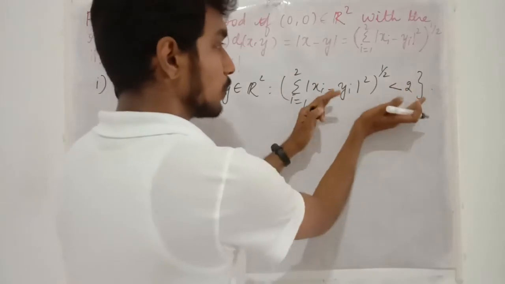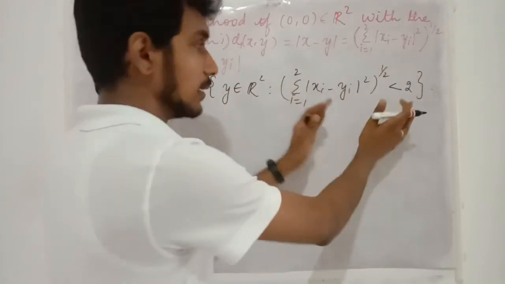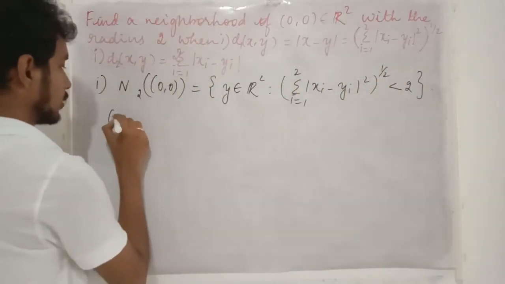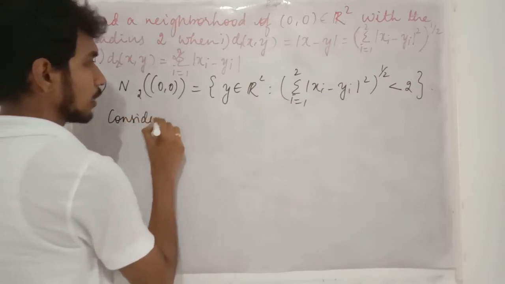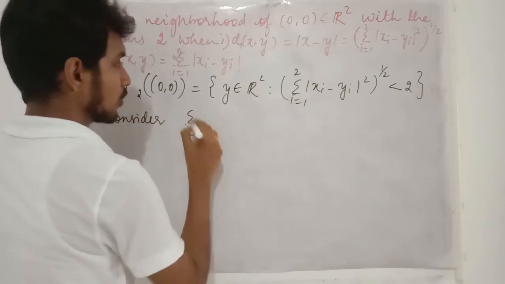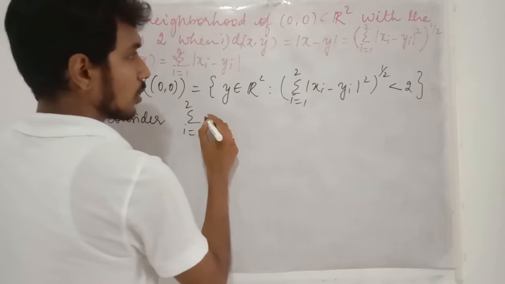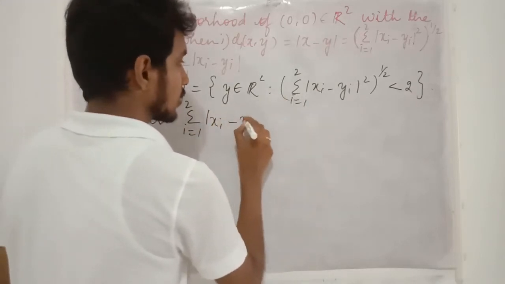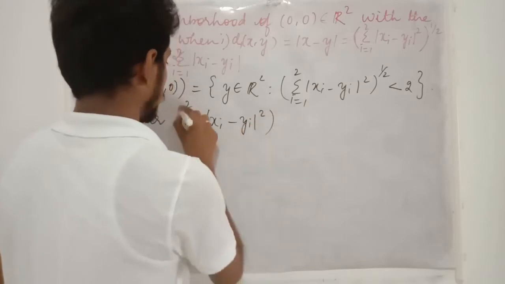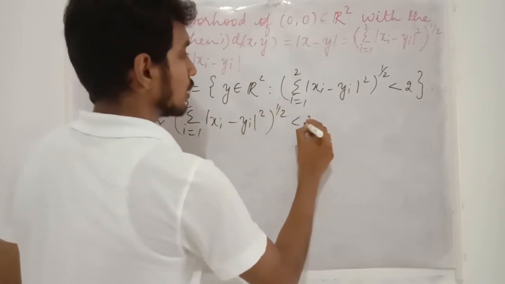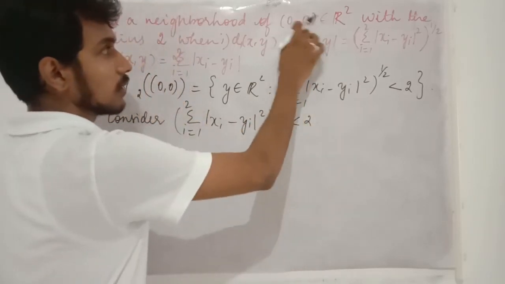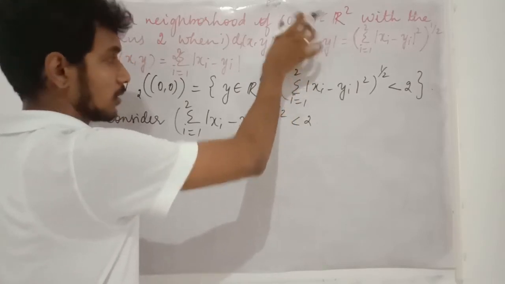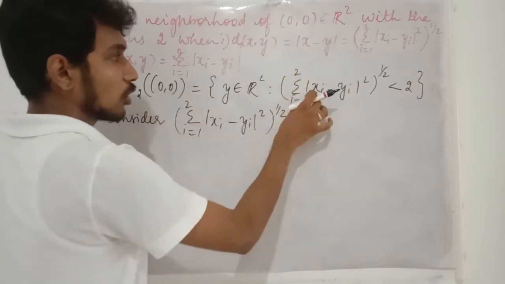Now, let us simply take this and see what it is. We need to consider only that part: summation i runs from 1 to 2 of absolute of xi minus yi whole square, to the power 1 upon 2, less than 2. Our x point is (0, 0).